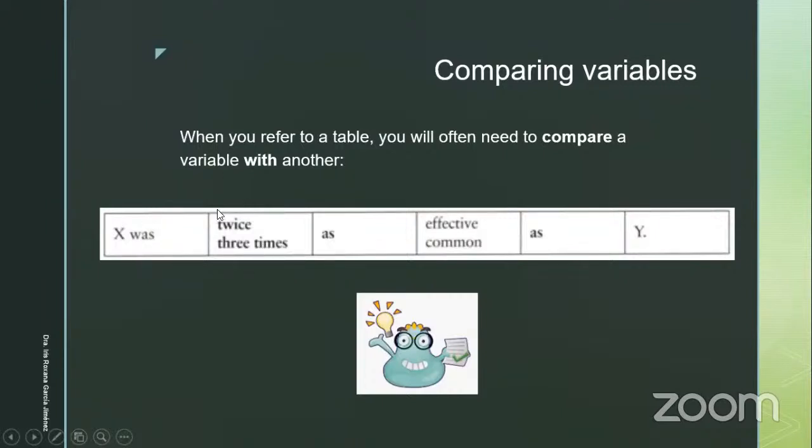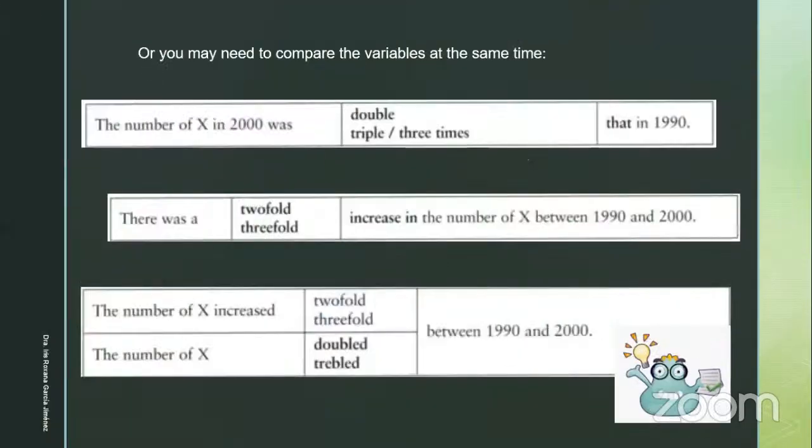X was twice, three times as effective or common as Y. As and as, the same as the common English, the same grammar rule for making comparison between similar information. But now, we need to compare the variables at the same time. And we have these specific words: double, twice, triple, three times.